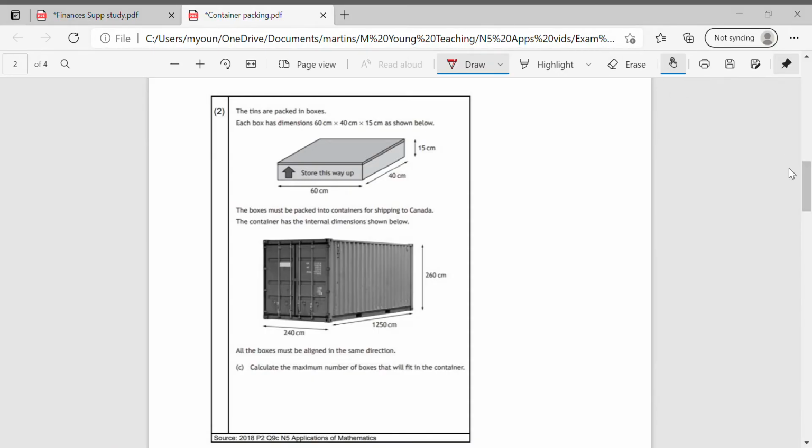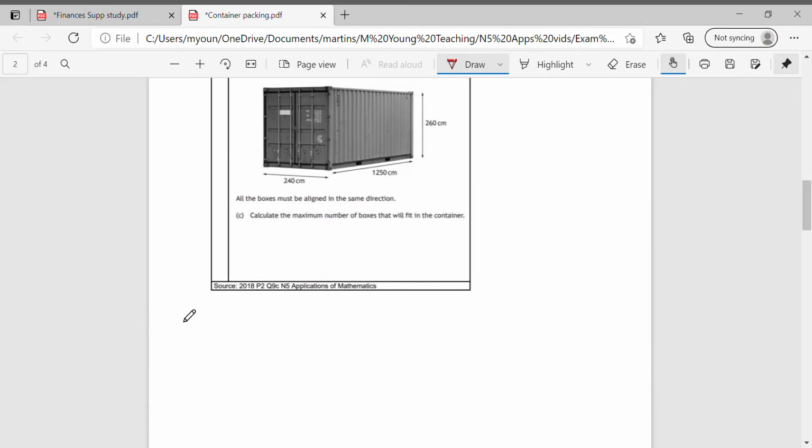So, straight away, pretty much the way that this picture is shown here, that's the first option for how we can store these. Alright, so set up my table. Container length, length of the box or the thing you're actually packing, and then the number that we're going to get from that.